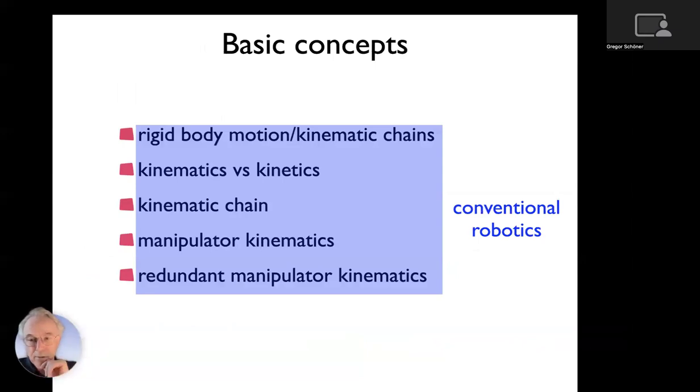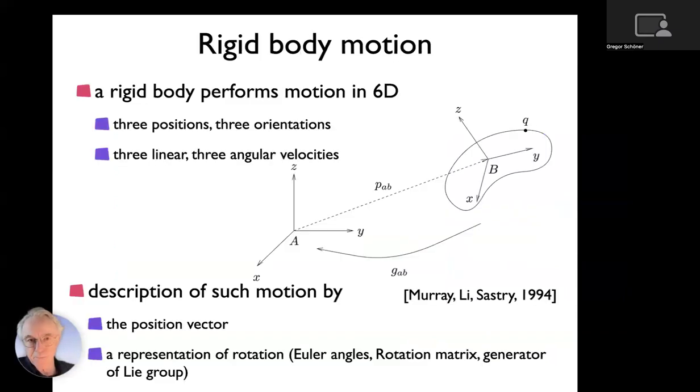So any textbook on robotics will have these concepts mentioned, and in the exercise sheet that you have, there are references to textbooks that you can use to look up these ideas. Murray, Li, and Sastry is a book I recommend there, and that is a very nice introduction into the fundamental mathematics of rigid body motion.